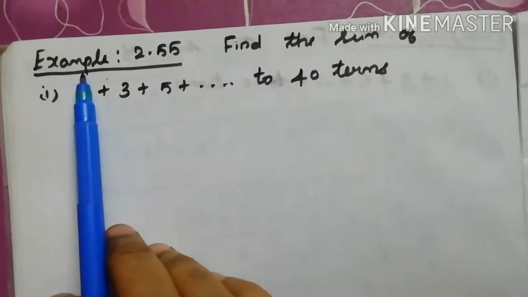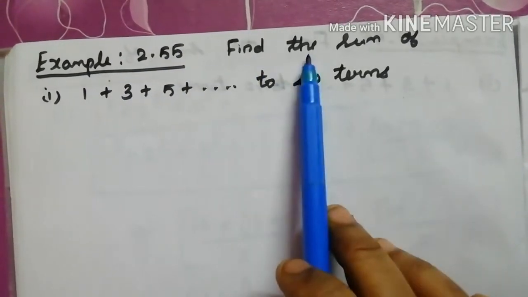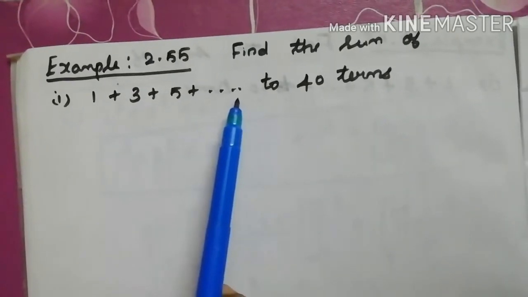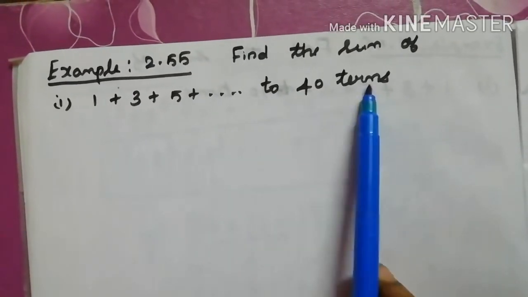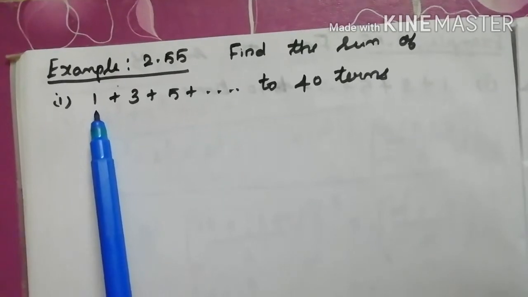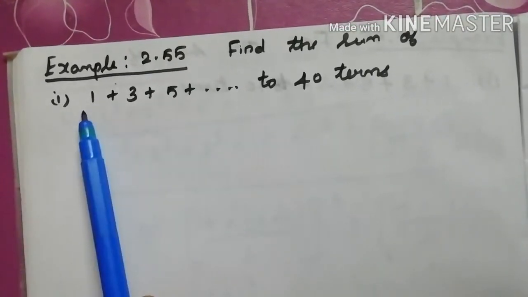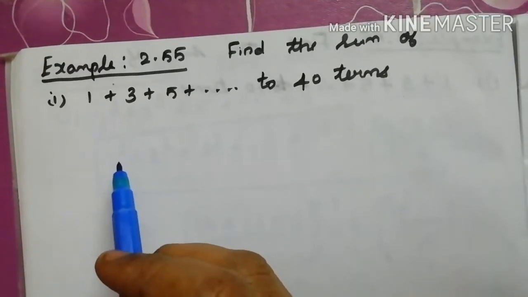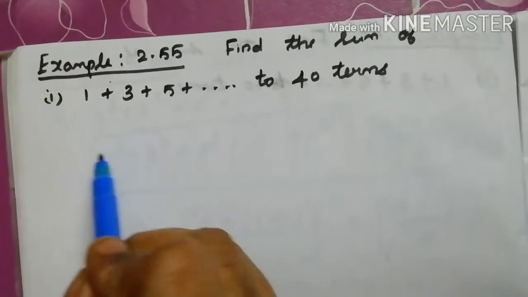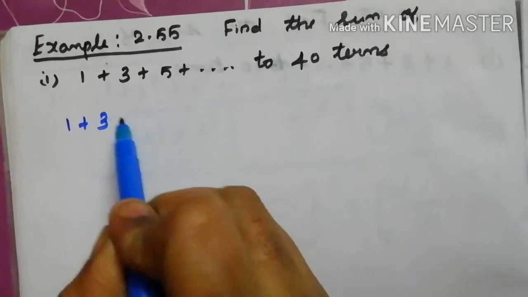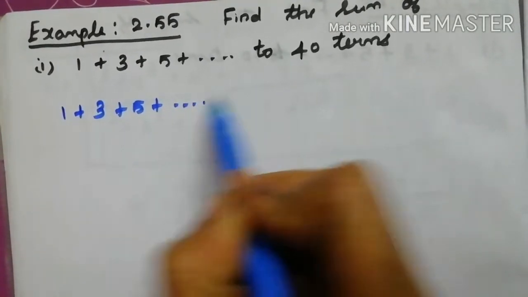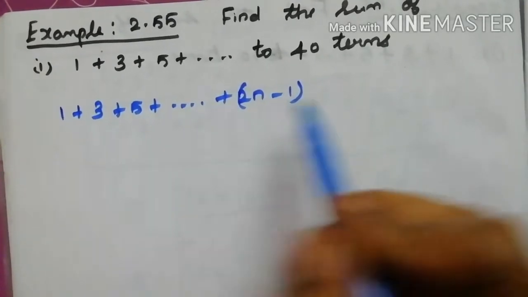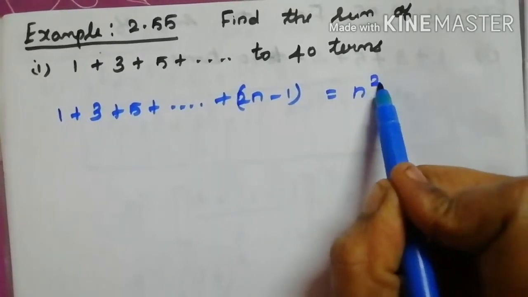Next sum, example 2.55. Find the sum of 1 plus 3 plus 5 plus etc. up to 40 terms. Here the question is 1 plus 3 plus 5, so these are odd numbers. We know that the sum of the first n odd numbers, that is 1 plus 3 plus 5 plus etc. plus 2n minus 1, is nothing but n square.